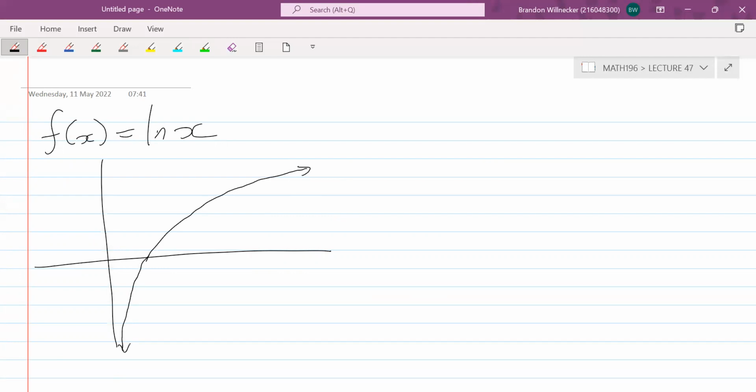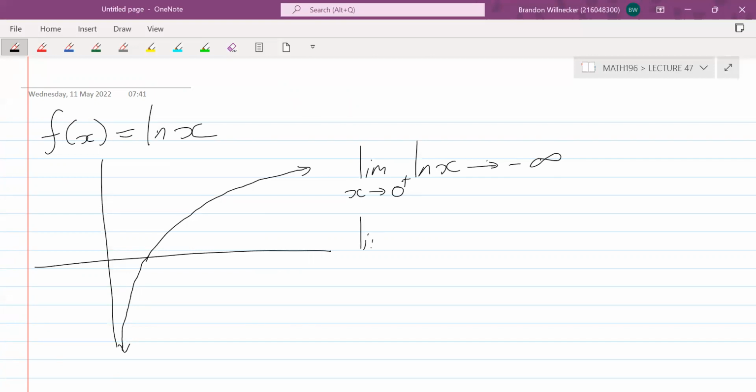Okay, so we know that it comes from minus infinity when x is equal to 0. So the limit as x approaches 0 plus, okay, we can't take negative values, so it has to be from 0 plus, of the natural log of x, this is going to go to minus infinity. Okay, so it diverges when x goes to 0.